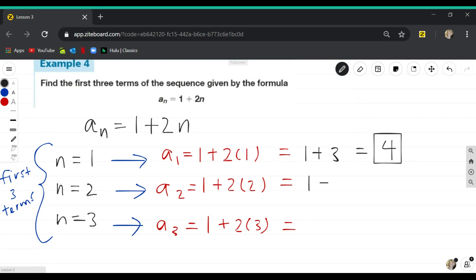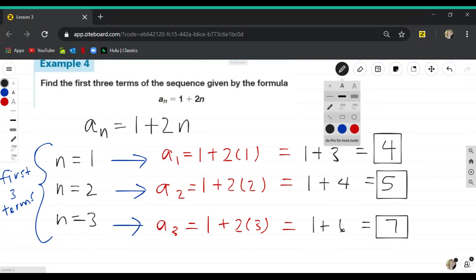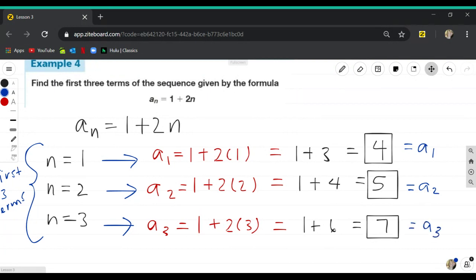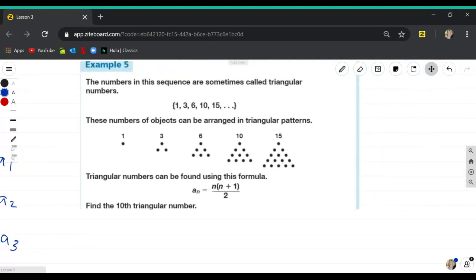So it's 1 plus 4 is equal to 5. And then 1 plus 6 is equal to 7. So this is our answer for a1, a2, and a3. Those are our first three terms. Pretty simple, right, when we have the formula?